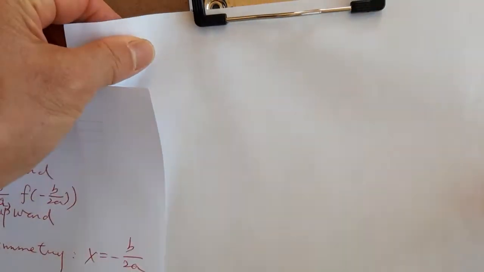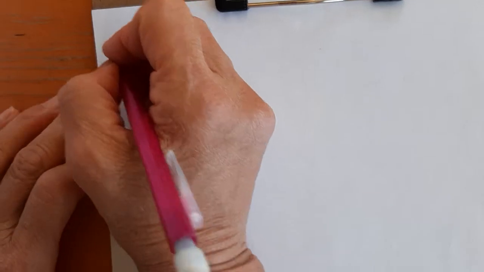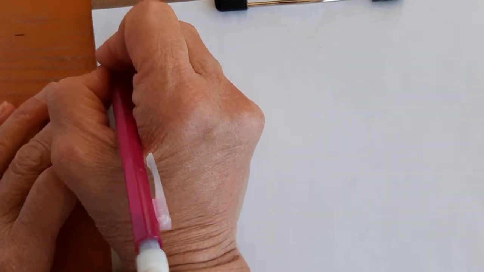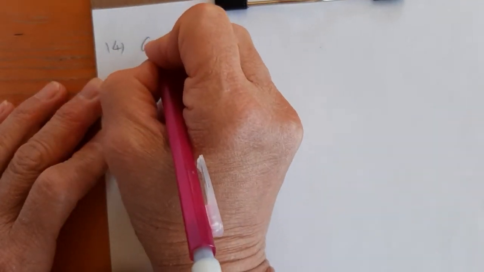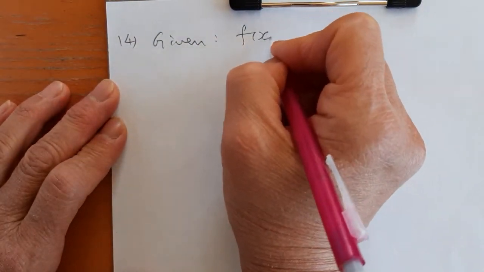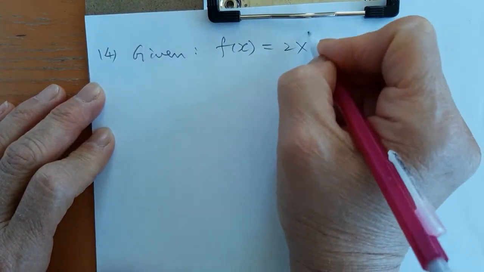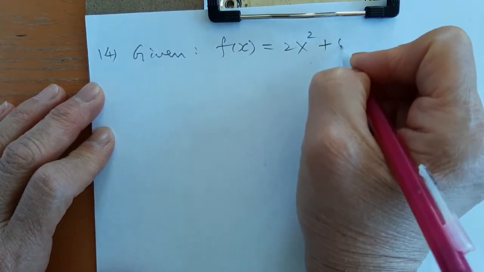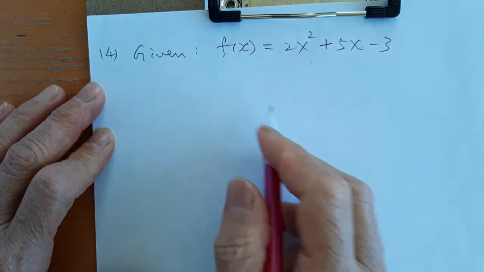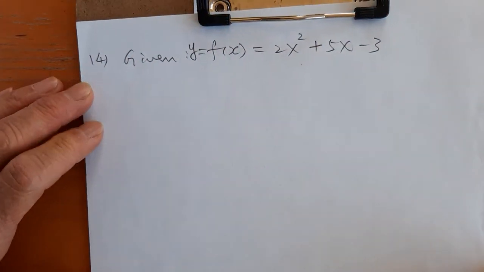So let's see this example question. It's number 14. Given the function f of x equals 2x squared plus 5x minus 3, this is the y coordinate, the function value.